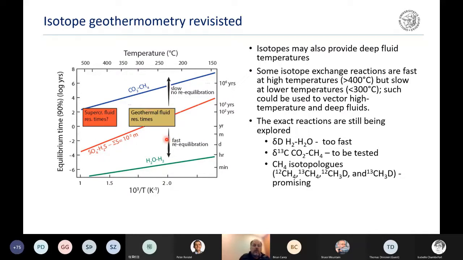And these would be the corresponding fractionation rates in a way. So if we start here with the water and hydrogen fractionation reaction, you can see that it's much faster than the geothermal fluid residence time, meaning that it'll just reach equilibrium at whatever temperature you are.